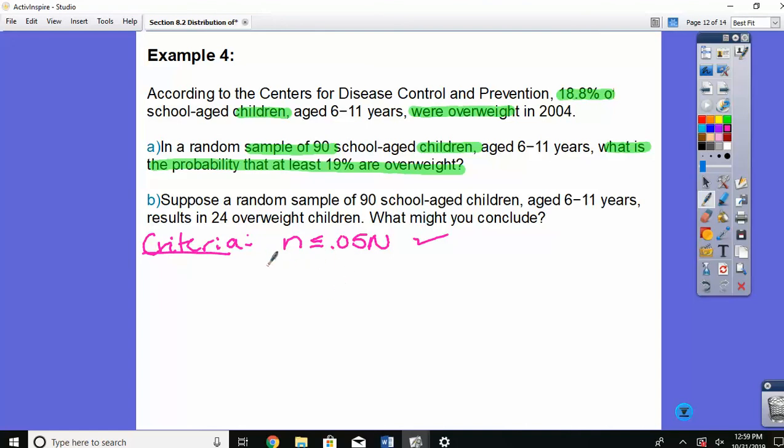So my n is 90. p, what is the probability of being overweight? 0.188 times 1 minus p.